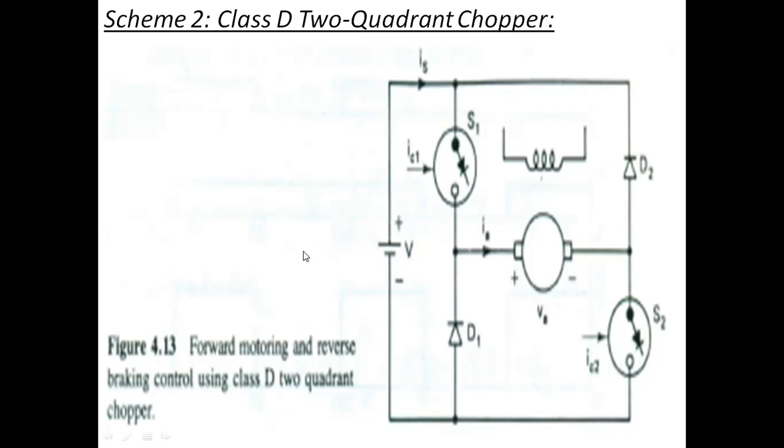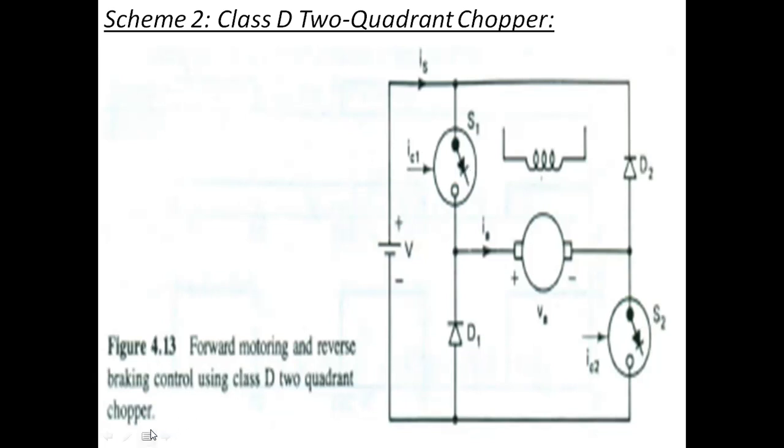The semiconductor switches S1 and S2 are turned on with a phase difference of T seconds. Switch S1 is turned on at t equal to 0 and turned off at t equal to 2 delta t.